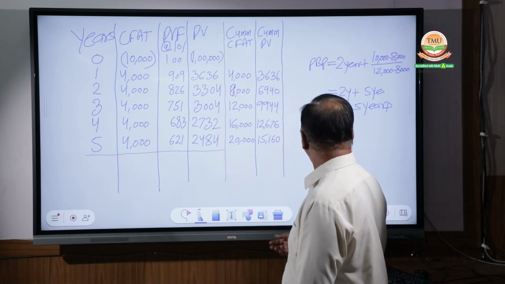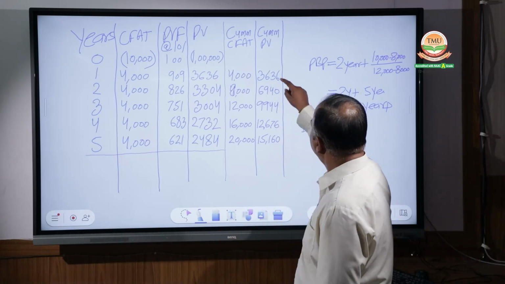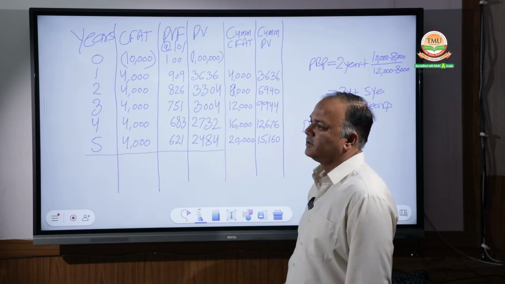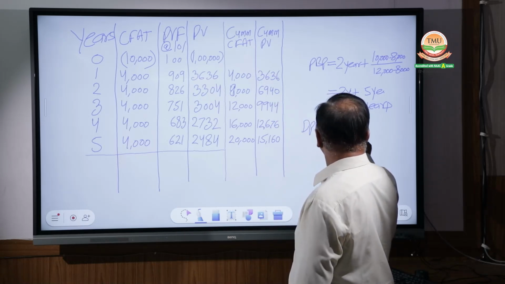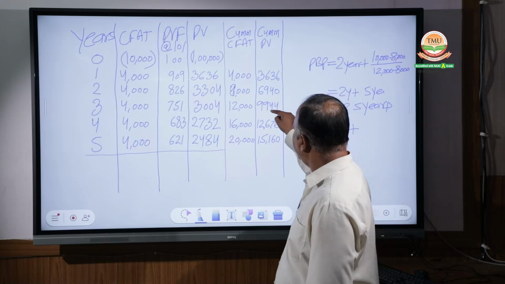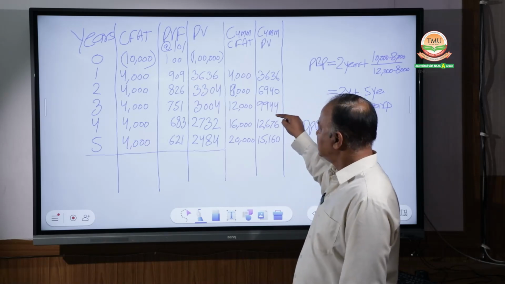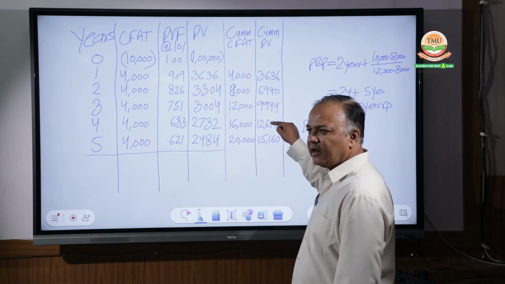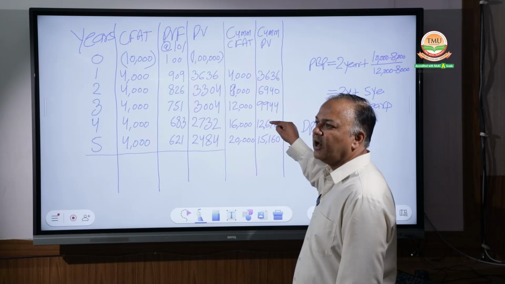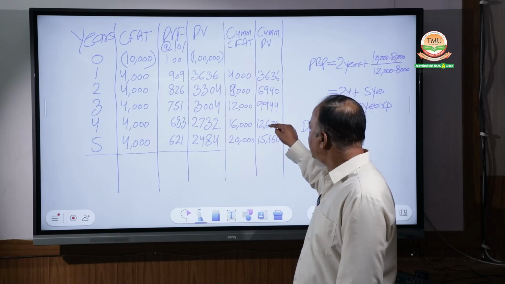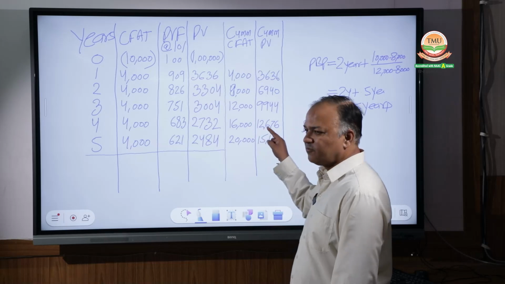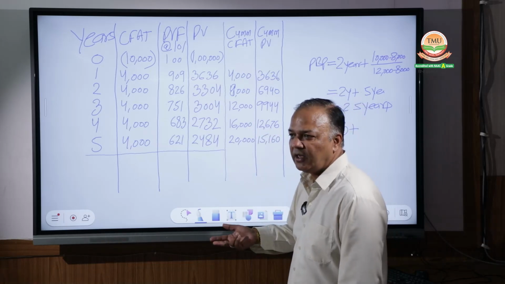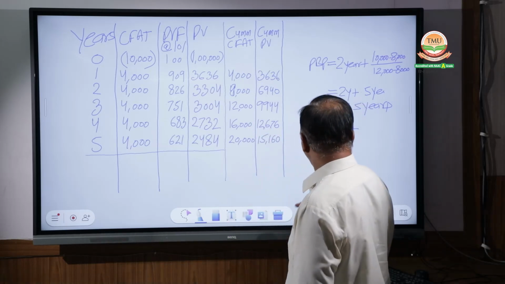So simply use same formula. The year in which we recover the whole amount is 4, so the preceding year will be 3.